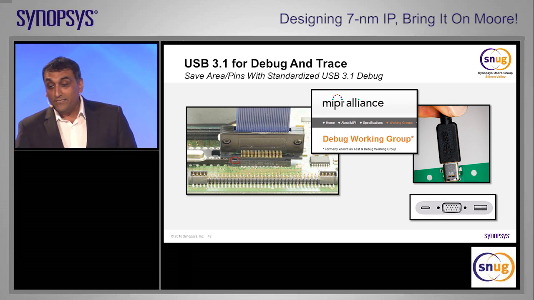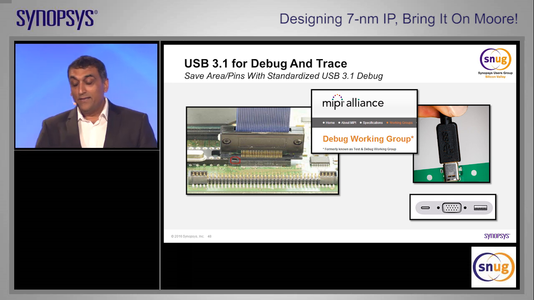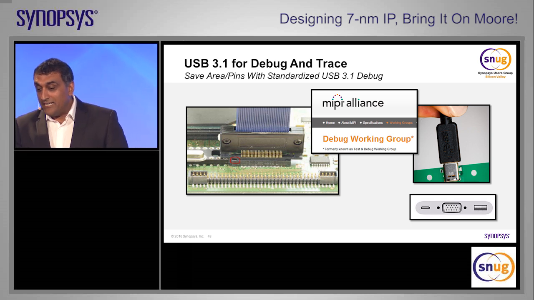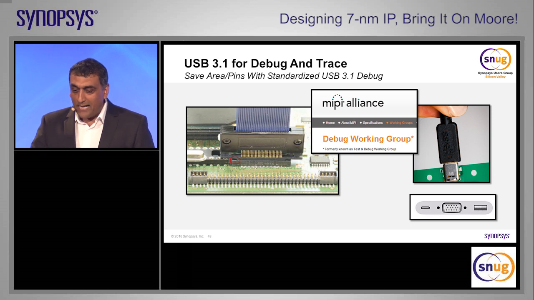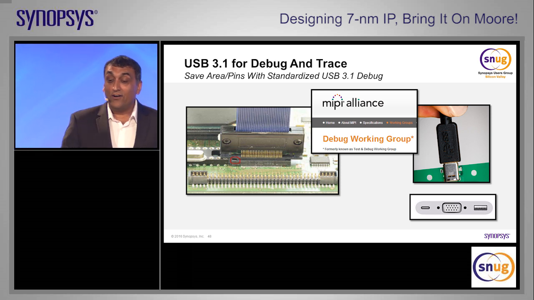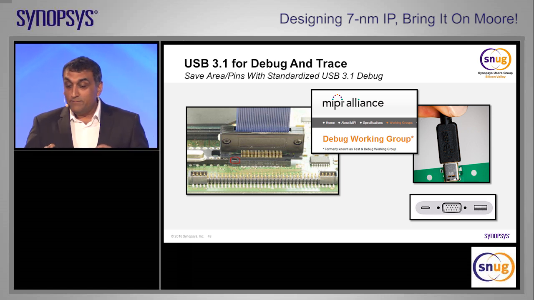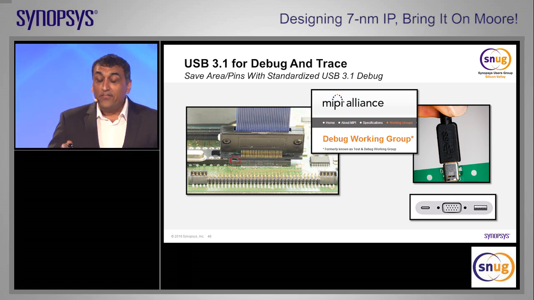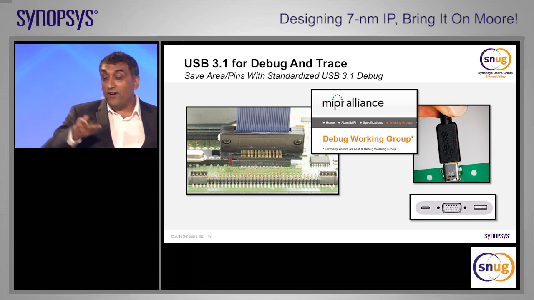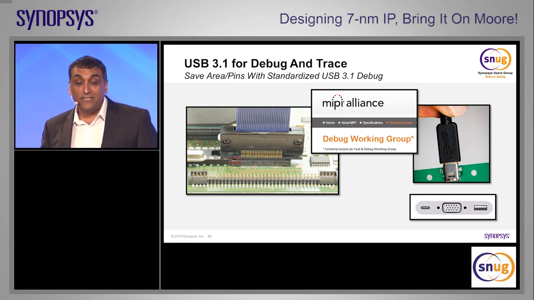If you look at the picture on the right, that represents the Type C connector, okay? Then if you look at the picture at the bottom, this is actually something I got from Amazon. It's one of the Apple products. The little connector, the smallest connector on that side view, that's the Type C connector. That Type C connector does everything you need to do 10 times faster with less area than that big horrible connector that you see on the left-hand side.